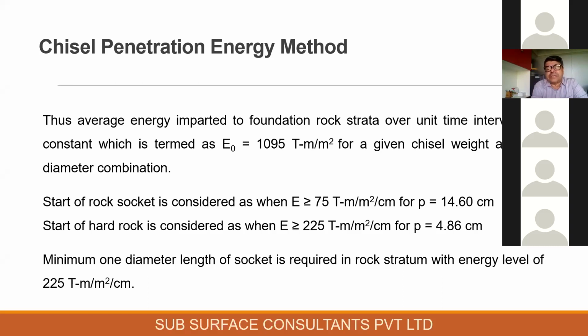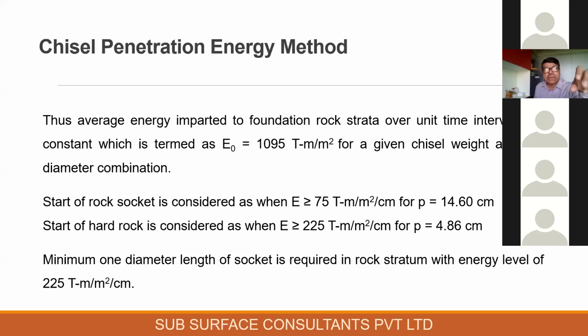Now you can use different combinations of diameters and chisels, and you can find out that these values can change. Typically, when I was young, we used to consider the start of rock value as 30 centimeter and termination in rock as 10 centimeter. So in minimum one diameter, once you reach the energy level of 225 ton meter per meter square per centimeter, what is intended is that at least one diameter of the socket length actually has to extend in that strata.